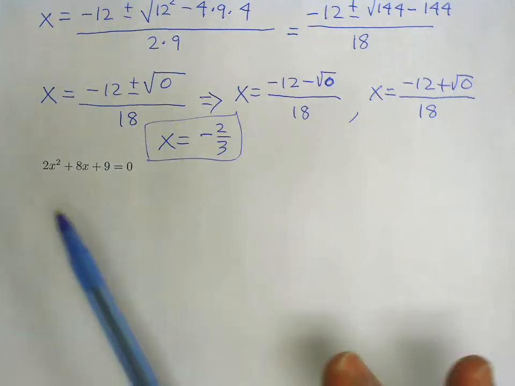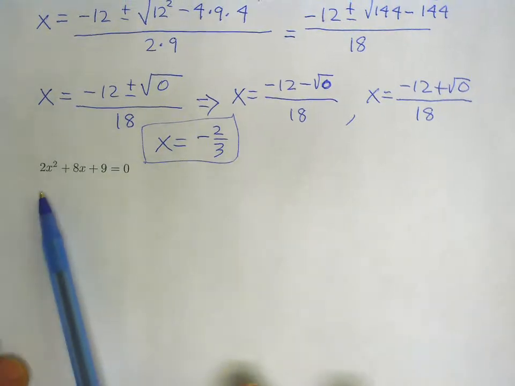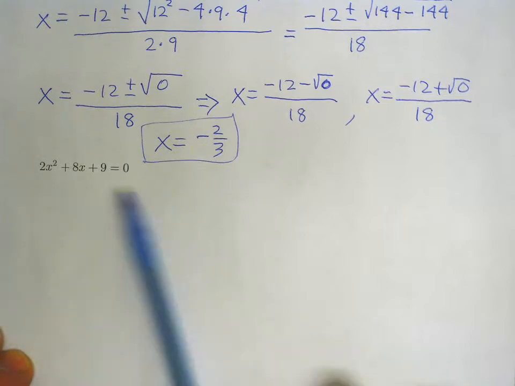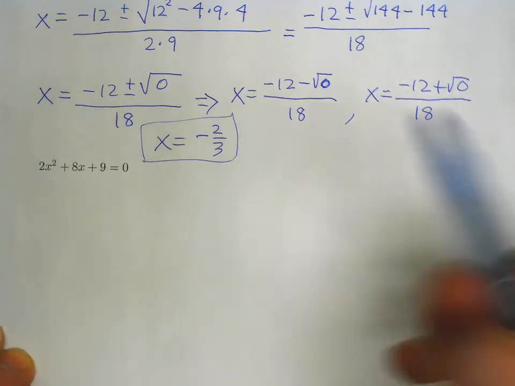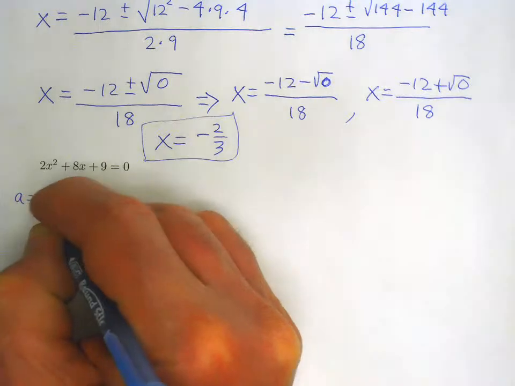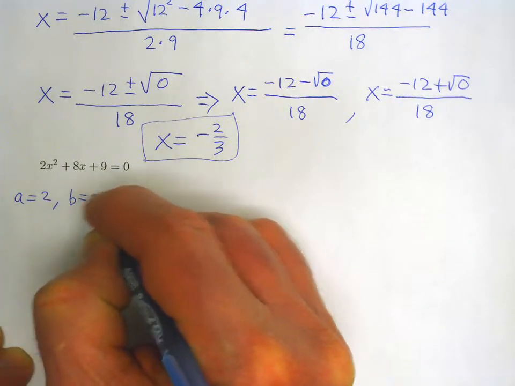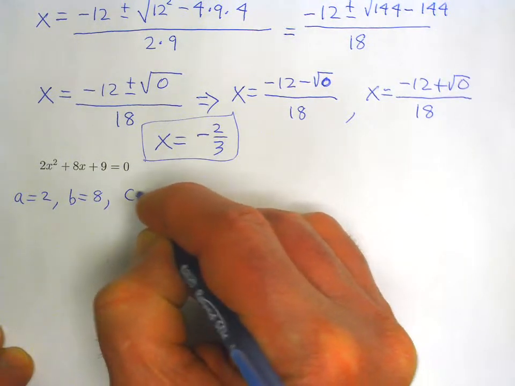Okay, no takers, so I'll just go ahead and solve this using the quadratic formula. In this one, A is positive 2, B is positive 8, C is positive 9.